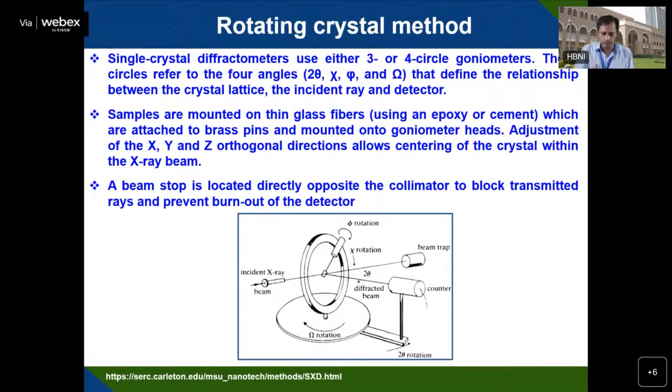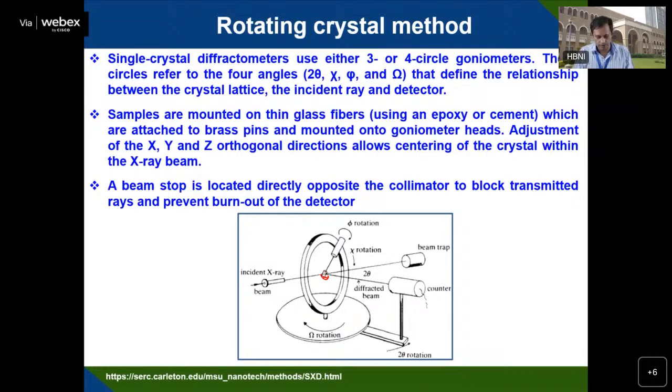Samples are mounted on thin glass fibers. You can use an epoxy coating or cement to mount the sample on this brass pin. You mount the sample and then adjust X, Y, Z in orthogonal directions to center the sample position.